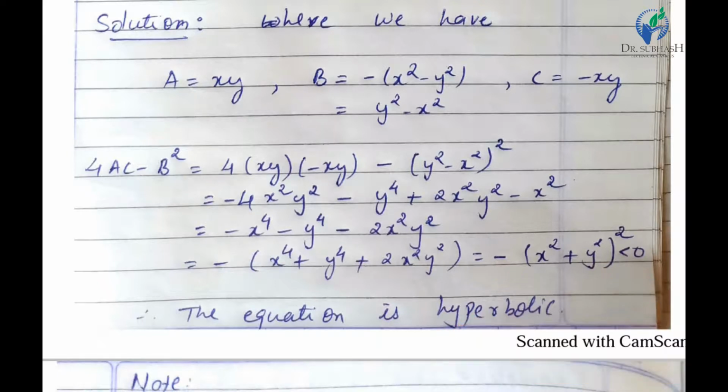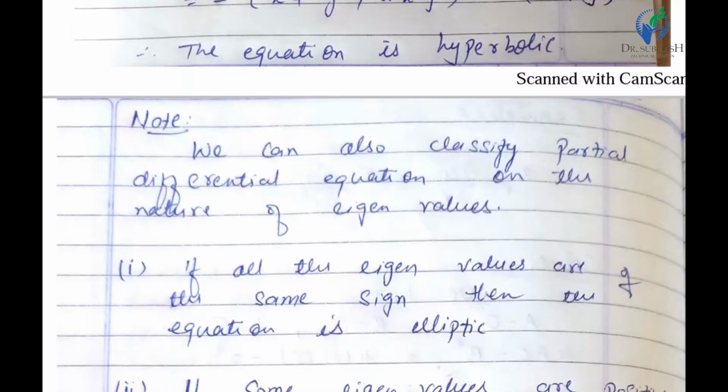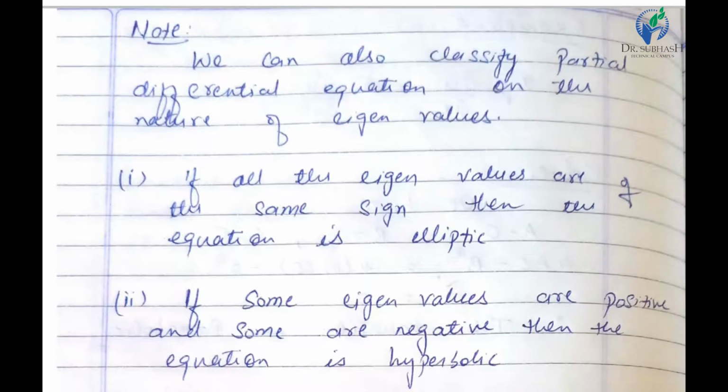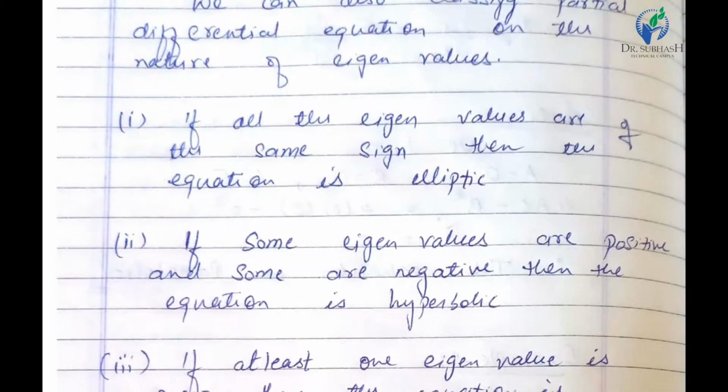Now, this was one of the methods to classify a second order partial differential equation. We have one more method to solve and classify it. That is the method of eigenvalues. On the nature of eigenvalues, we can classify these equations. Let us have some points regarding the sign of eigenvalues. If all the eigenvalues are of the same sign, then the equation is elliptic.